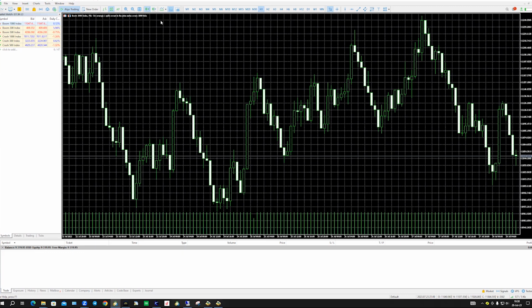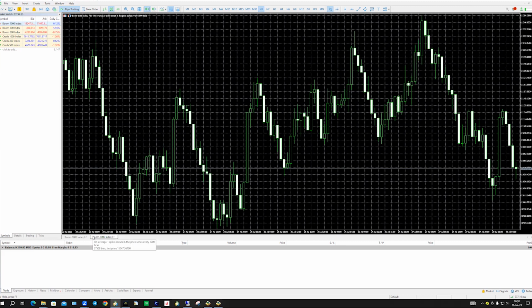When using the candle, for example, you must have two charts. So this is Boom 1000, and you must have two charts. Every time you are using the candle, we must work with two charts.